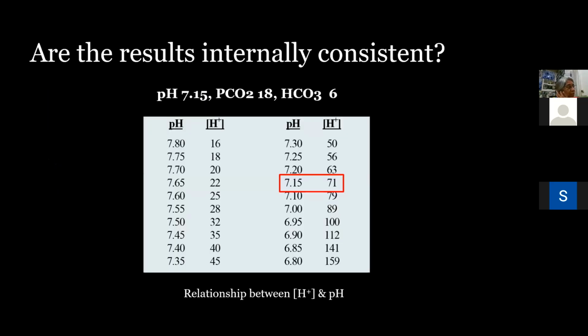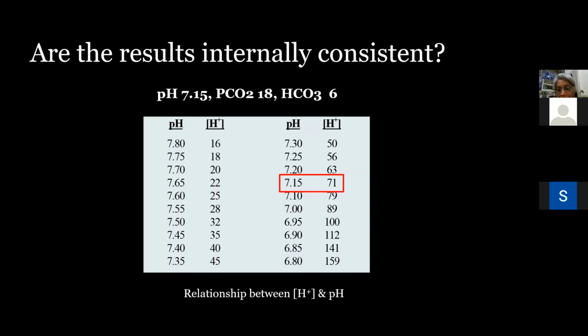Now, one important thing which we do not usually do, but it is important to recognize, is whether this ABG we have is internally consistent. We have to see whether the pH which we are getting in the ABG machine corresponds to the calculated H ions in the sample. So for instance, this ABG has a pH of 7.15.